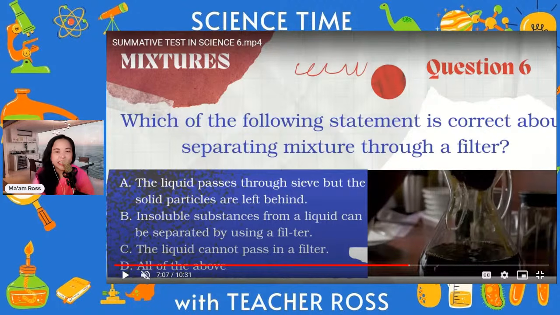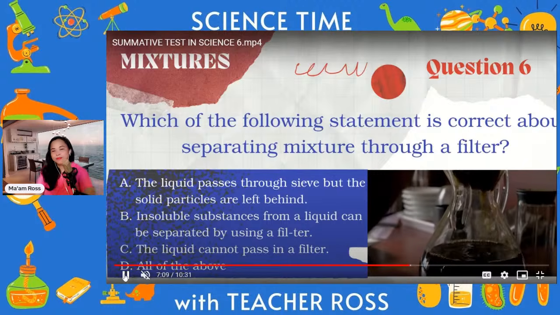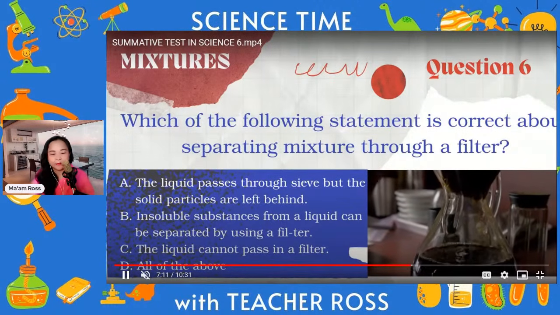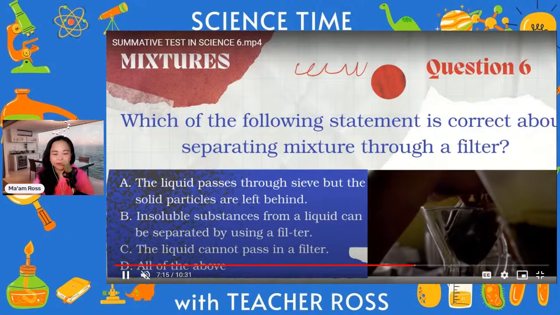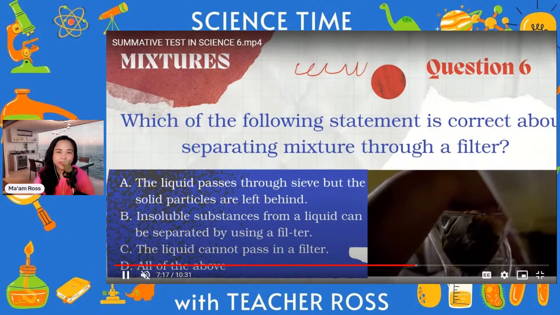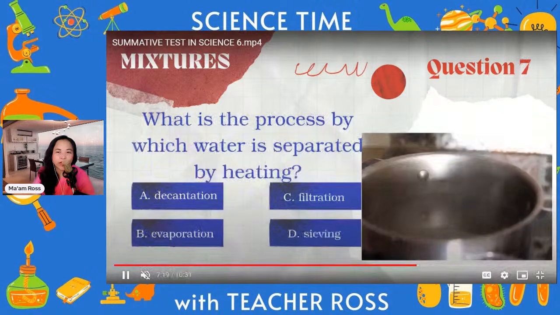Letter C, the liquid cannot pass in a filter. And letter D, all of the above. Take your time. Which is correct about the separating mixture? Wow, look at this image.